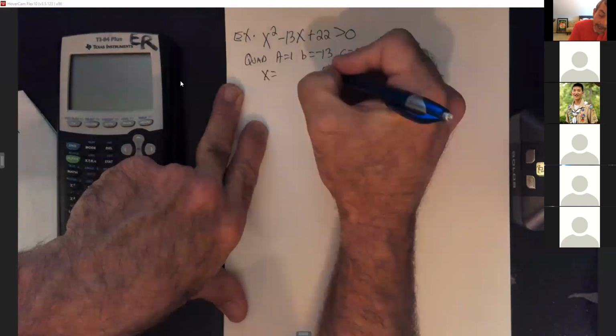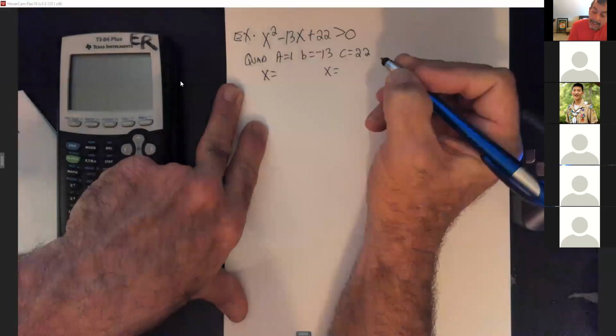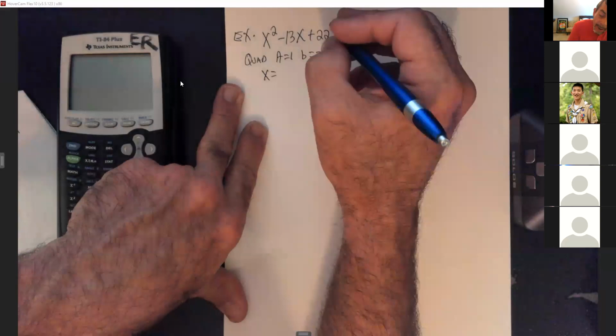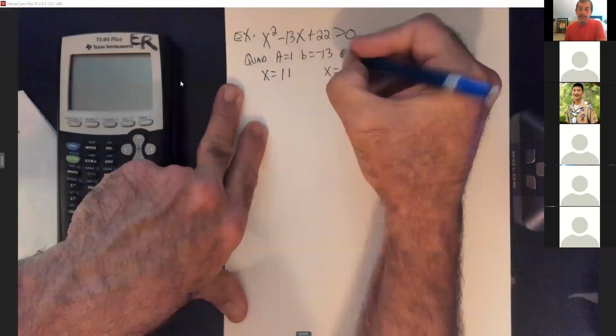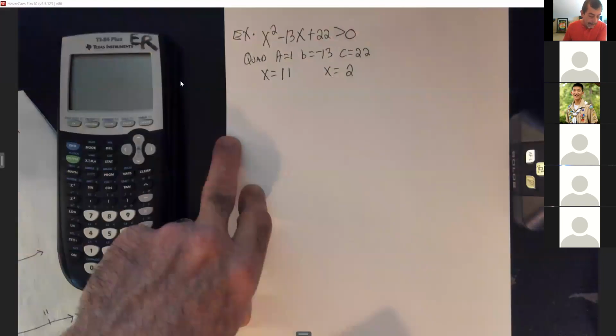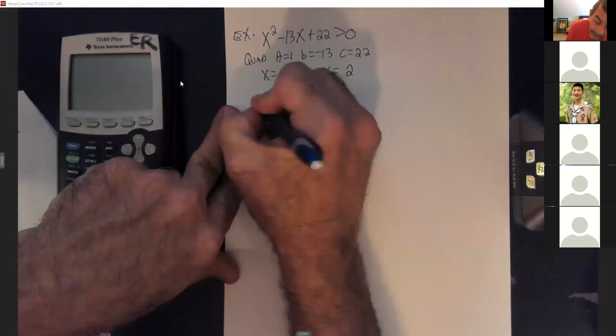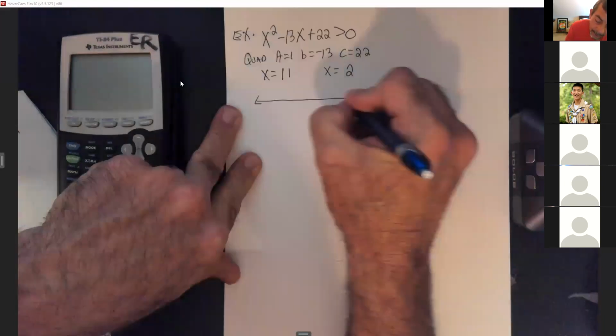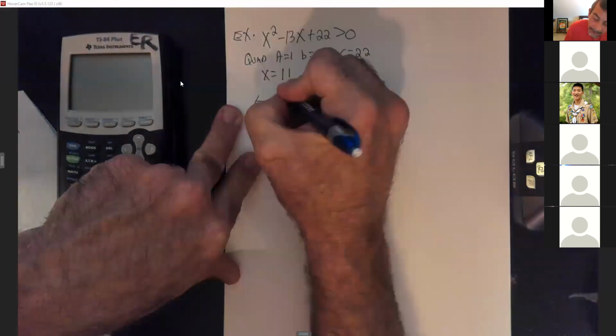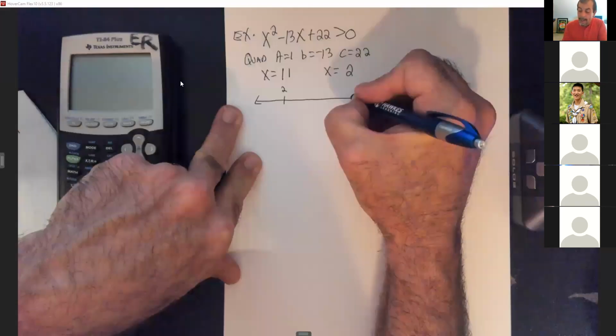If you quad that, you would get a positive 11 and a positive 2. So then let me make up my interval. Oh, but remember, 2 is over here, and 11 would technically be way up there.